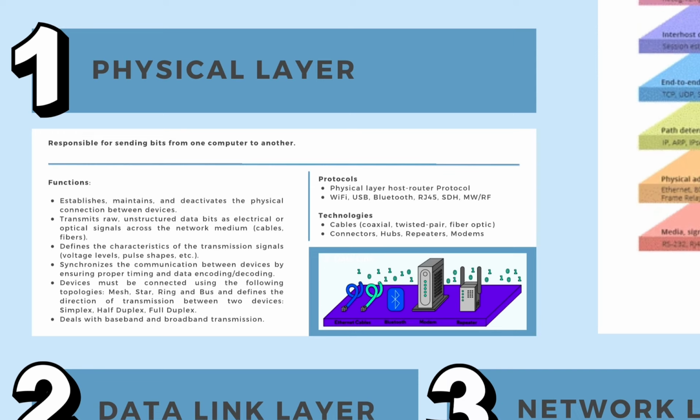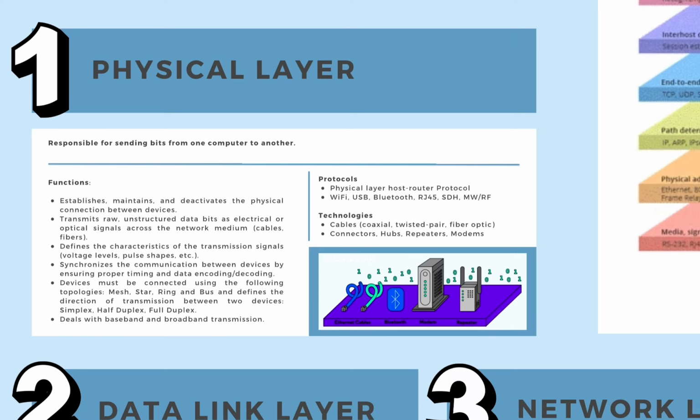It also helps us define the characteristics of the transmission signals, such as which levels of voltage we're going to be using and which pulse shapes we are going to be using during the transmission. It also helps us with the rate of the transmission. Another thing is that it synchronizes the communication between devices by ensuring proper timing and data encoding or decoding.